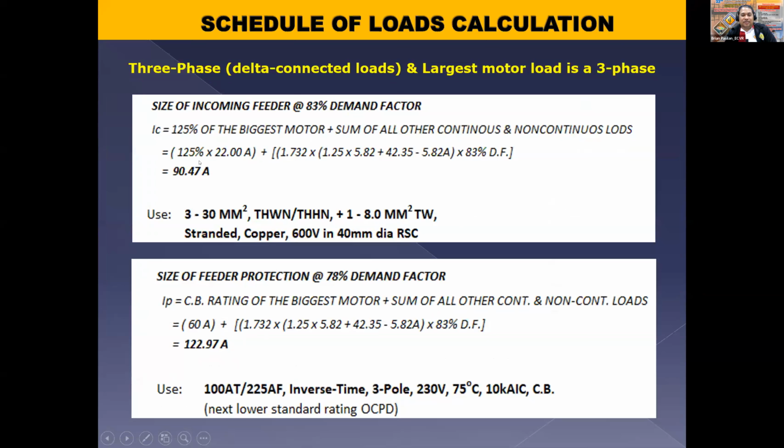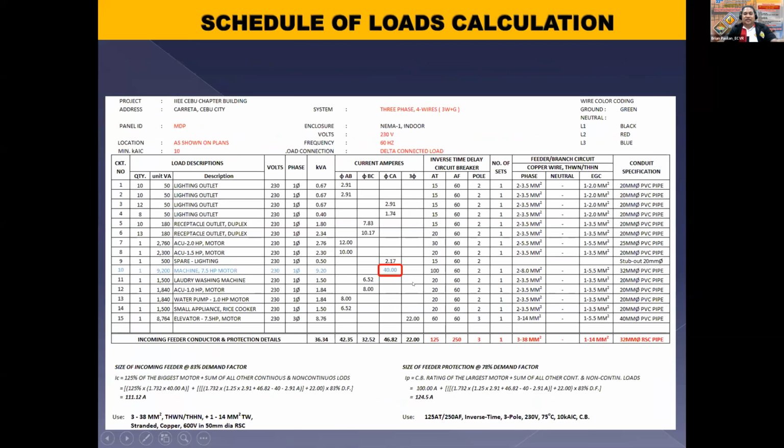Hindi na ako nagamit ng 2 times 22, but diretso na 60 amperes. And the rest same formula pa rin. So follow pa rin next lower standard rating kasi pwede naman tayo next standard, but i-upsize din natin si 30 mm squared. Ikuha natin siya sa 38 mm squared kung gusto natin gagamit tayo ng 125 amperes. Okay?